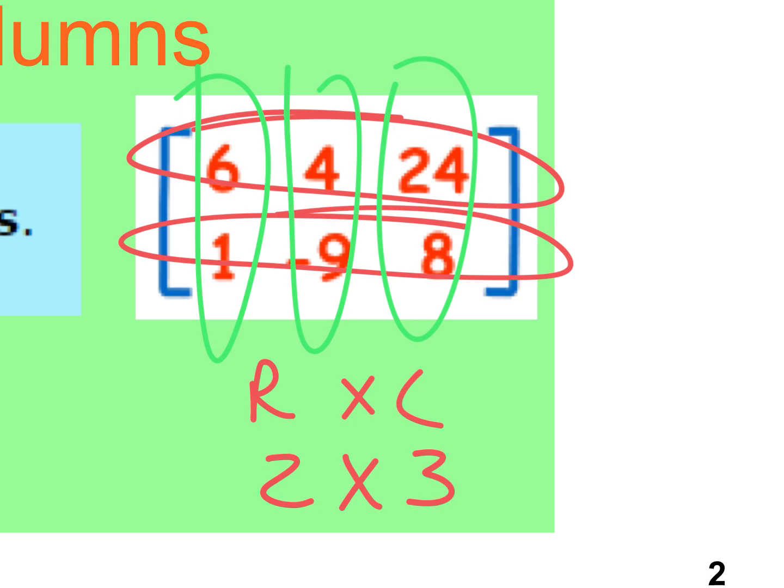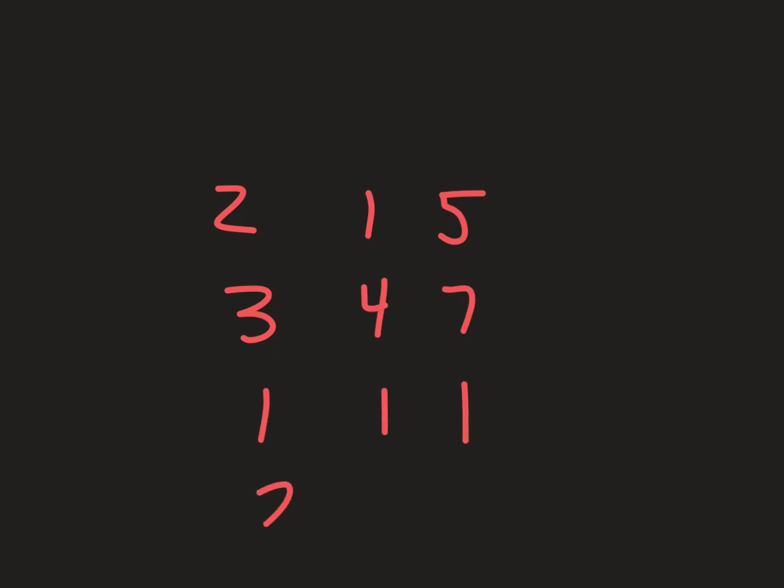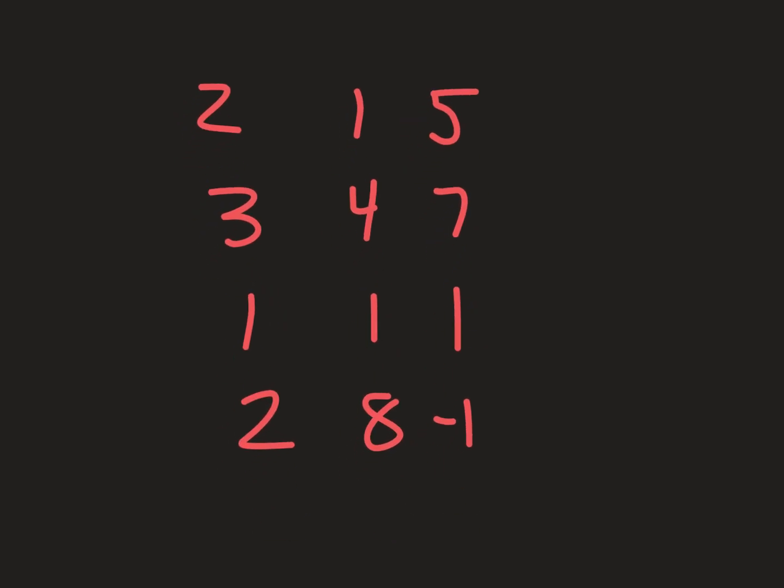If you really understood that, then I should be able to make you a matrix: 2, 1, 5, 3, 4, 7, 1, 1, 1, 2, 8, negative 1. Now that's a matrix. Doesn't have to have the bars around it. Ideally it does, but my question is, that's a what by what? It's definitely not a 3 by 3 because it's not square. All right.